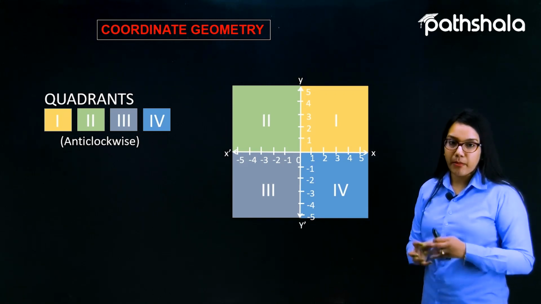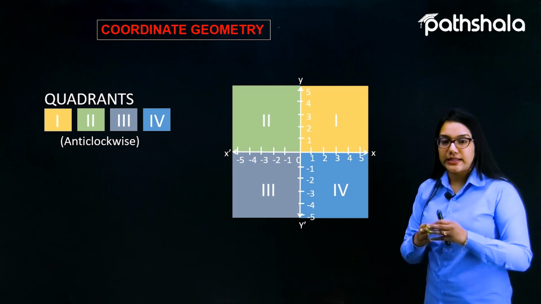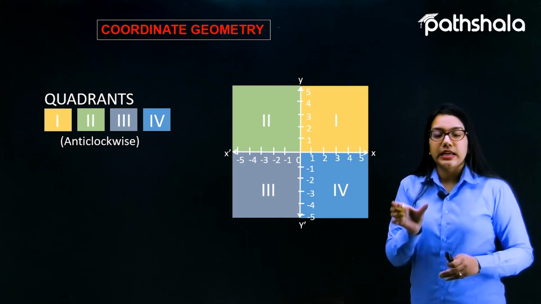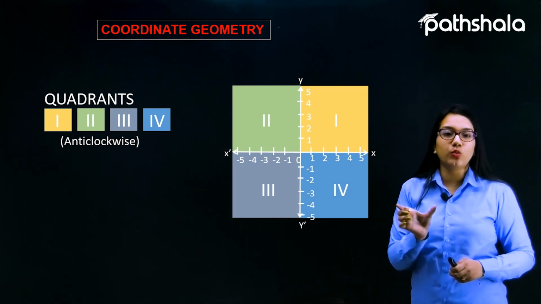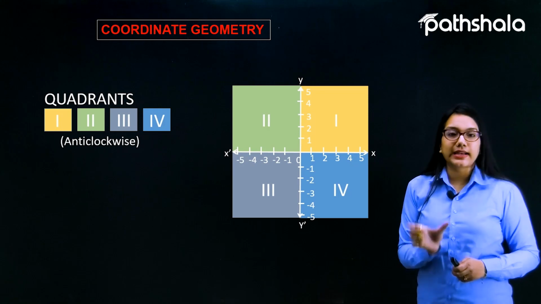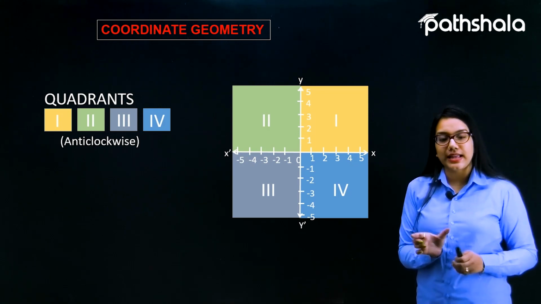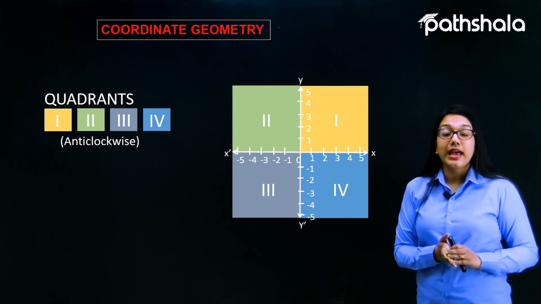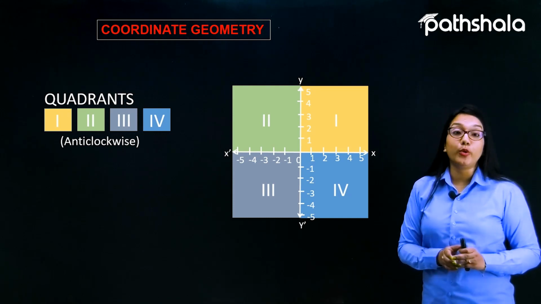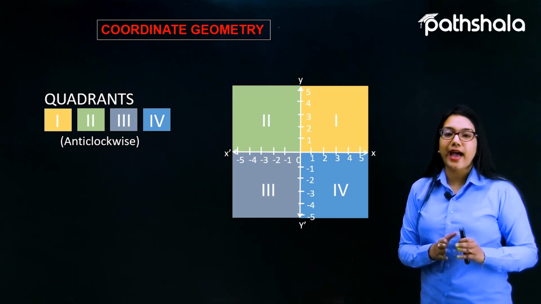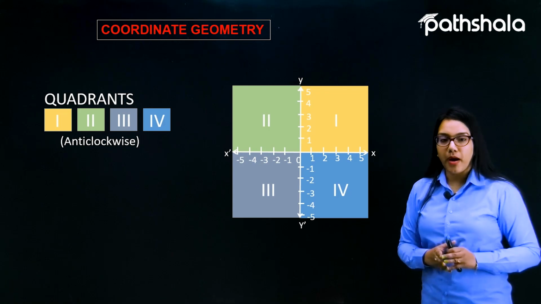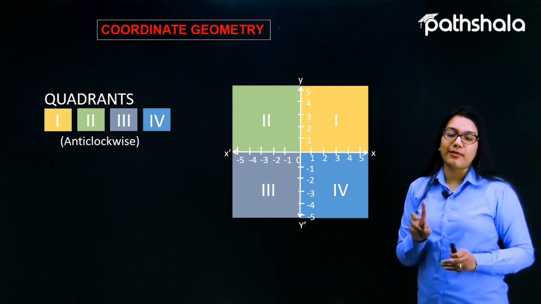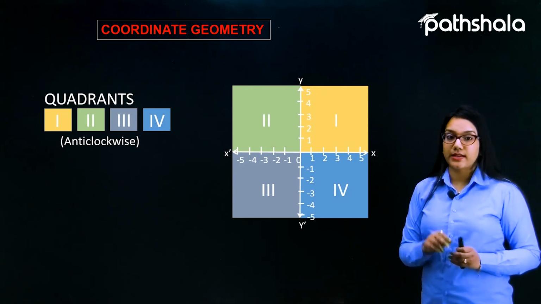Always remember, axes is the plural word of axis. Axis means a single axis, that is the x-axis or the y-axis, and axes is the plural of axis. I am talking about the axes because I am talking about the x-axis as well as the y-axis.